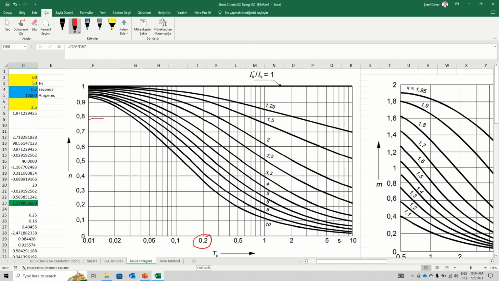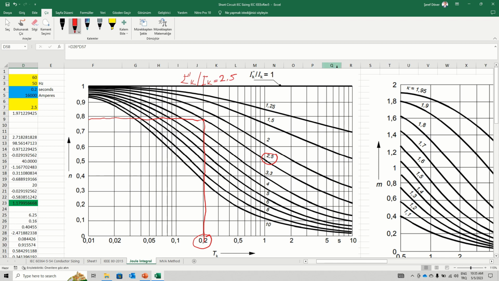If we come to here, till here, as you see, we will find this one. What is this value? As you see, 2.5. So for initial short circuit current divided by steady state short circuit current, I need to put 2.5.